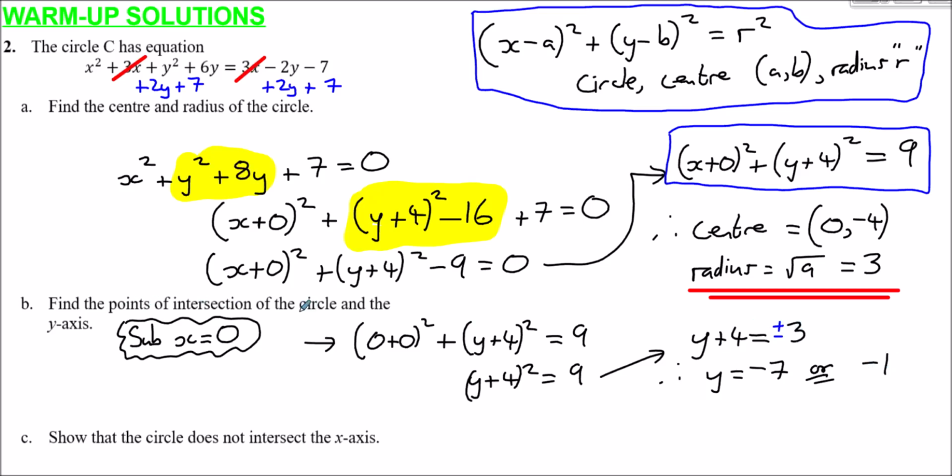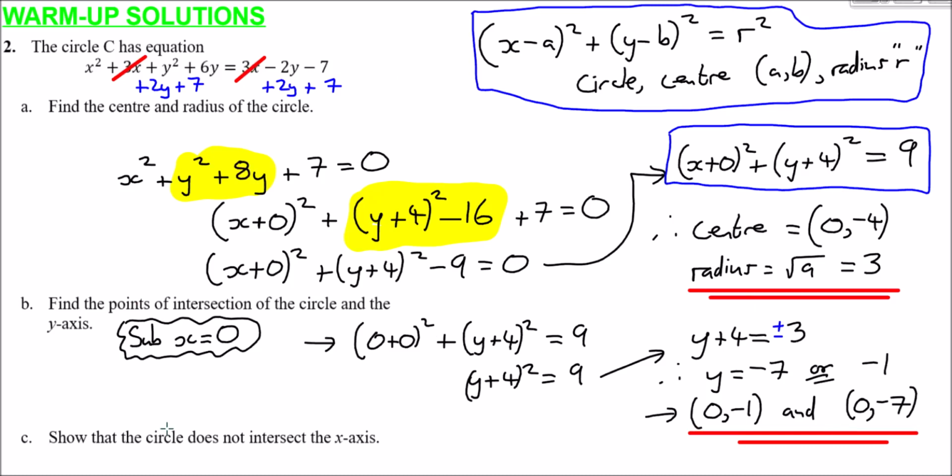So therefore, the points of intersection, when it crosses the y-axis, x is 0, like we've said. So we've either got 0 and minus 1, and also x could be 0 and y could be minus 7. So those are the 2 points where the circle intersects the y-axis.